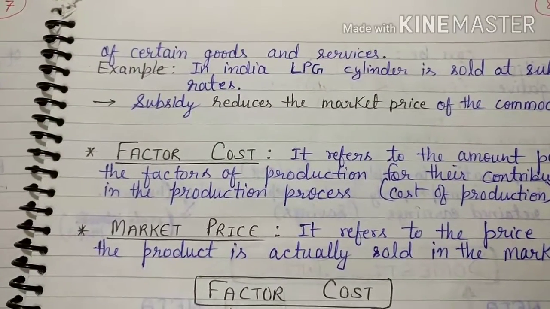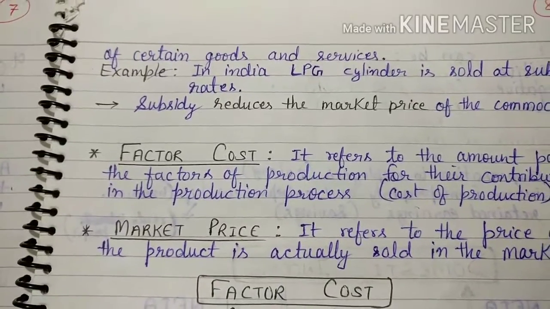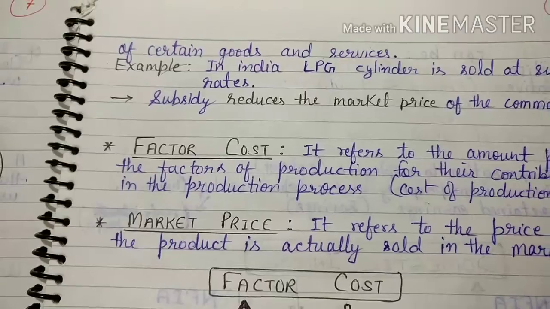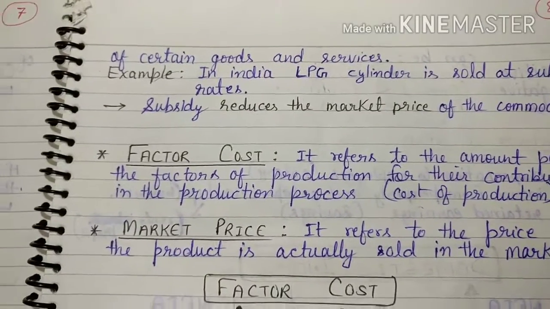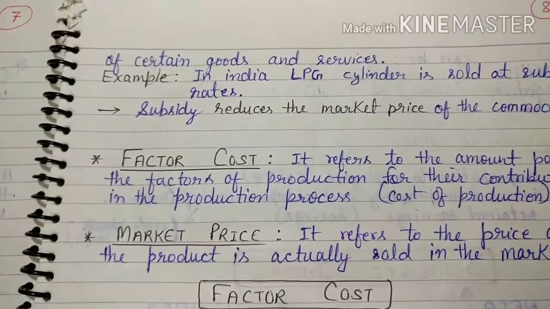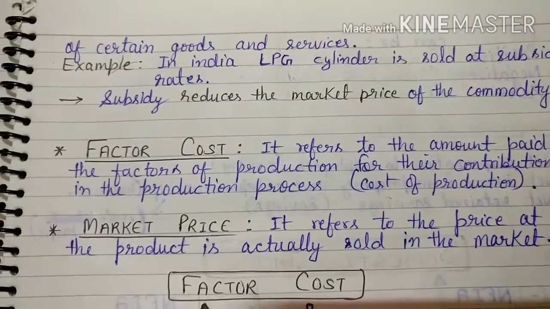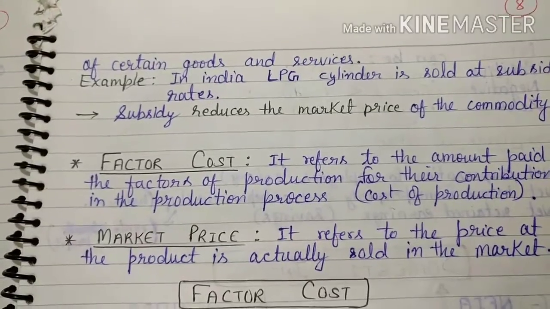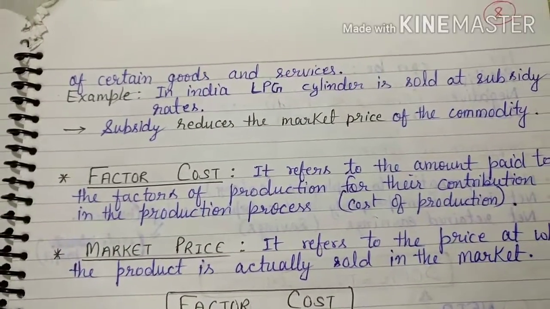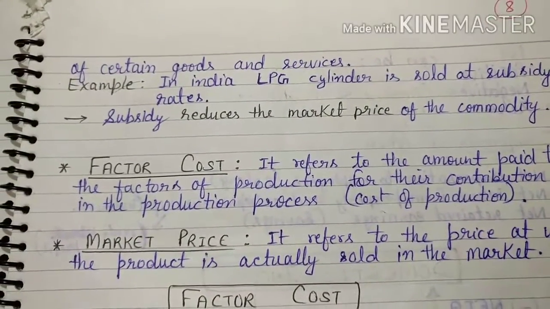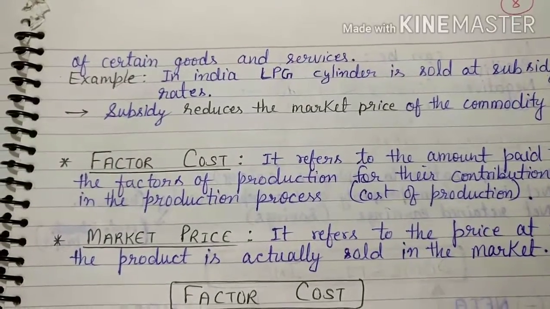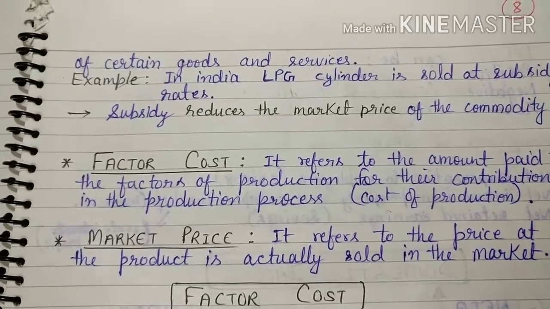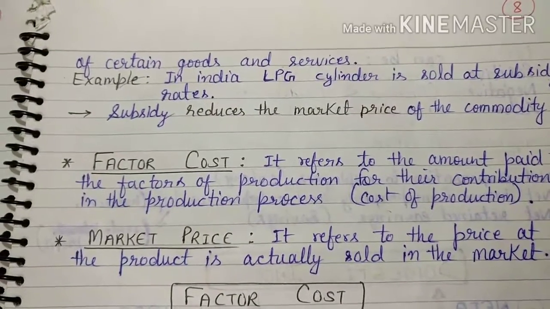Suppose the actual cost of that LPG is 850, and you are getting it at 720. So where does that extra 130 rupees come from? That extra 130 rupees is given by the government, not to us, but to the companies, so that they can take less money from us. So subsidy reduces the price of the commodity. Subsidy helps the customer.